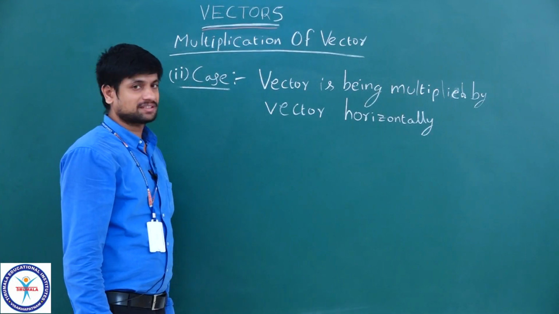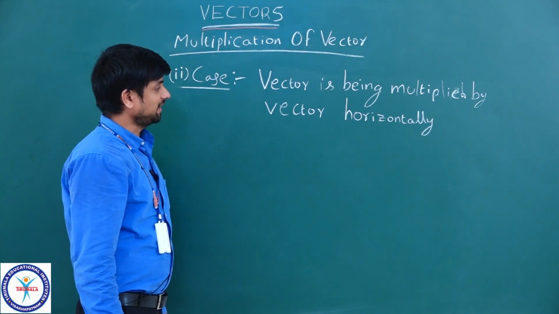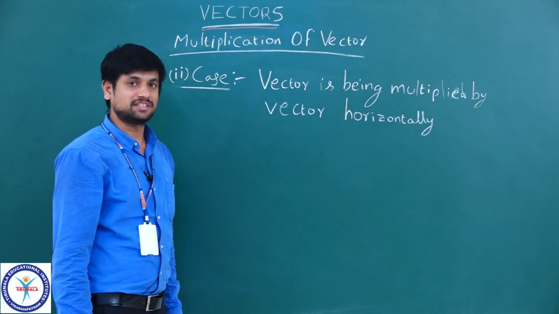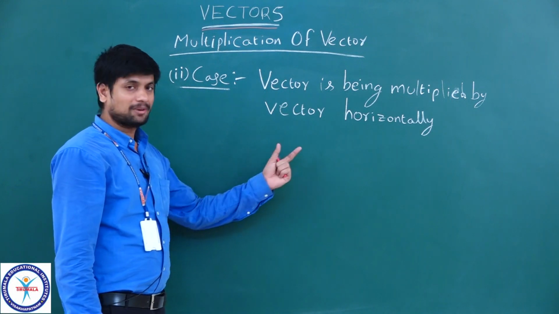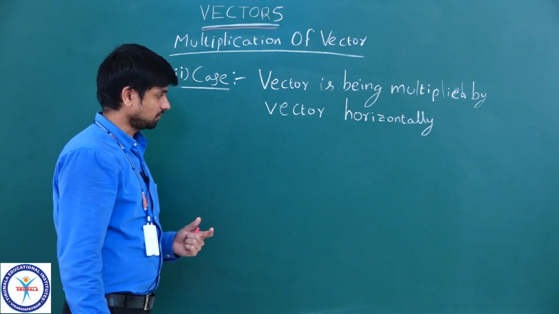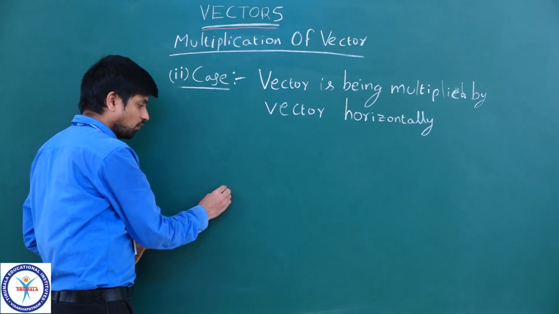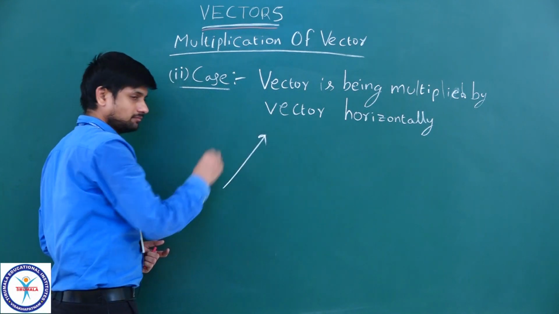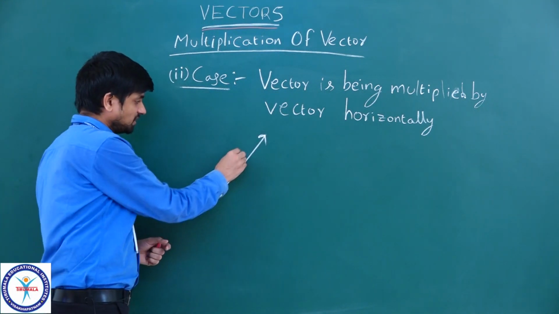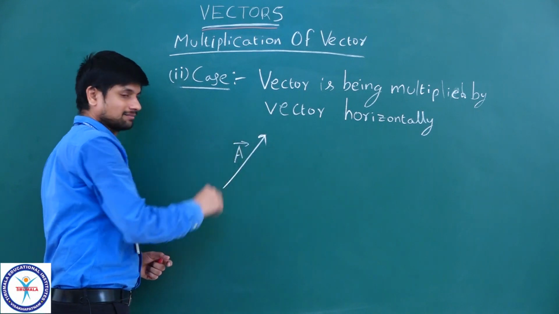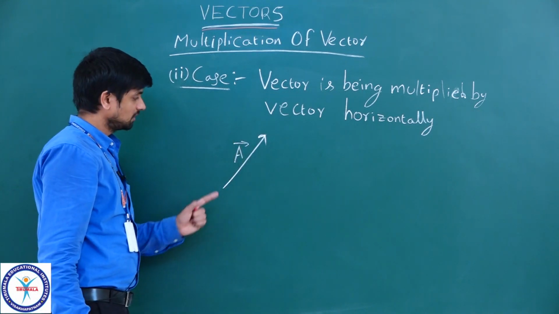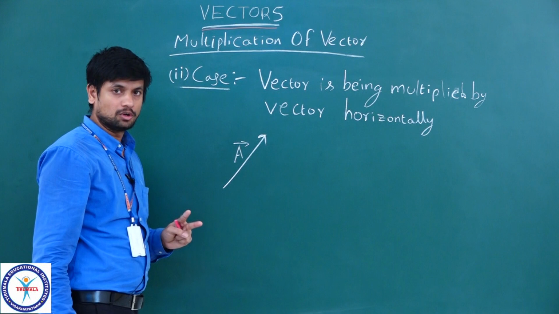Now the second case, a vector being multiplied by a vector horizontally. What is meant by horizontally? Already we have discussed. Horizontally means if one vector is there, assume this is the vector a bar, which has 2 components.